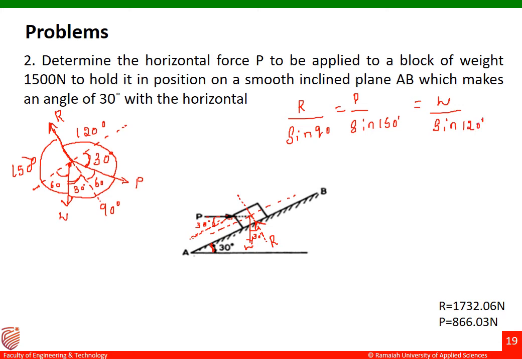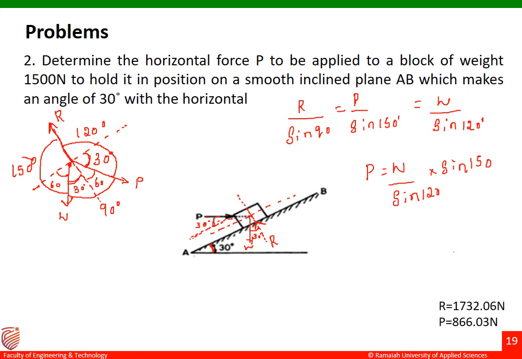The weight is given here, so we can find out the value of P. P is equal to W by sine 120 into sine 150.